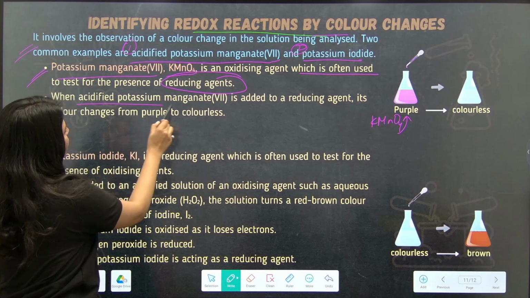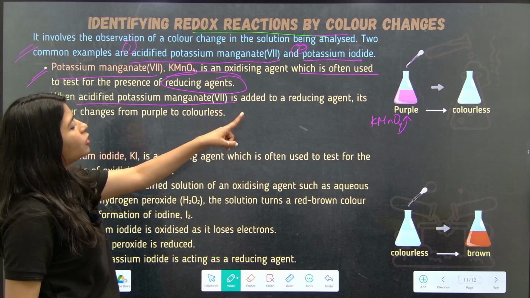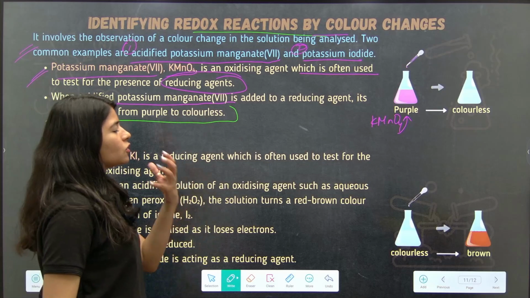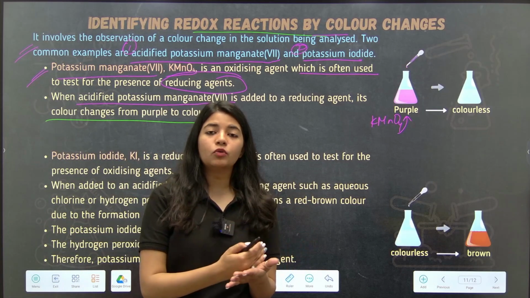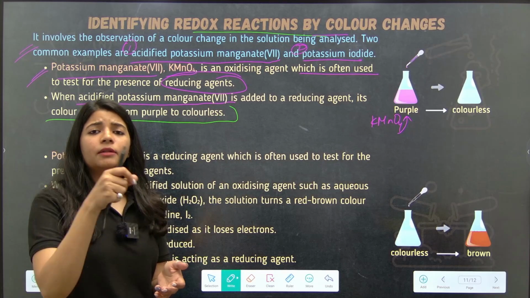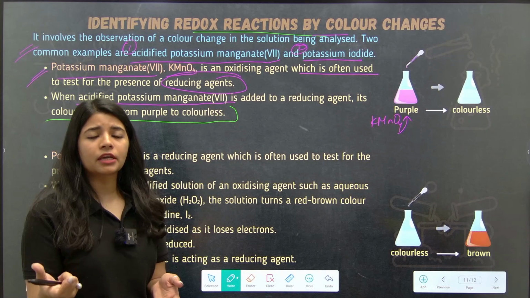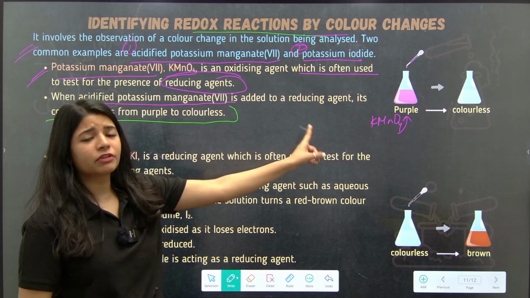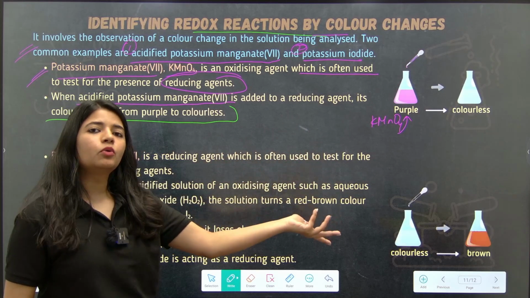When acidified potassium manganate is added to a reducing agent, its color changes from purple to colorless. So if in any beaker a reducing agent is present and we add the potassium manganate, which is an oxidizing agent, into it, then the color of KMnO4 changes from purple to colorless.